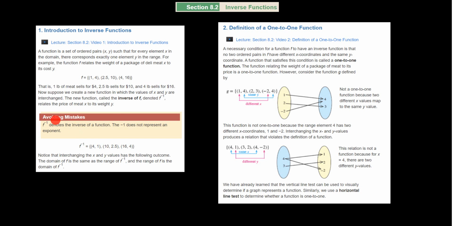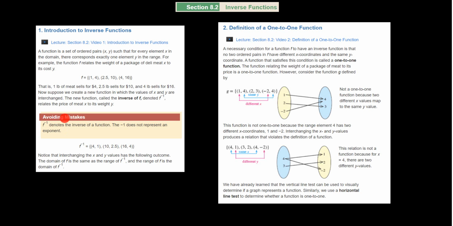Now, this avoiding mistakes is a huge, huge deal because this is a mistake I made when I was going through this. I didn't care about math, but now I do. So f, if we raise it to a negative 1 power, that doesn't mean a negative exponent, right? The notation is precisely being used here.